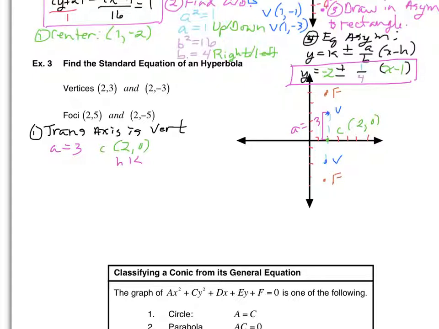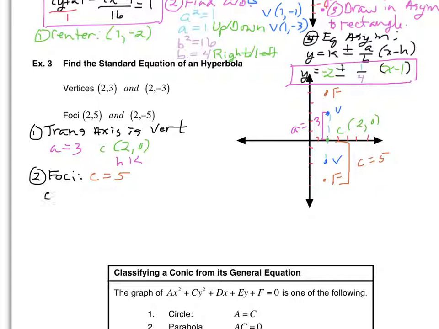What help is it for the foci? What do I know about this distance from here to here? Let's see. That is C. And so how far is C? 5. So from our foci, we learned that C was equal to 5. But I don't want C, I want B. How is that going to help me?